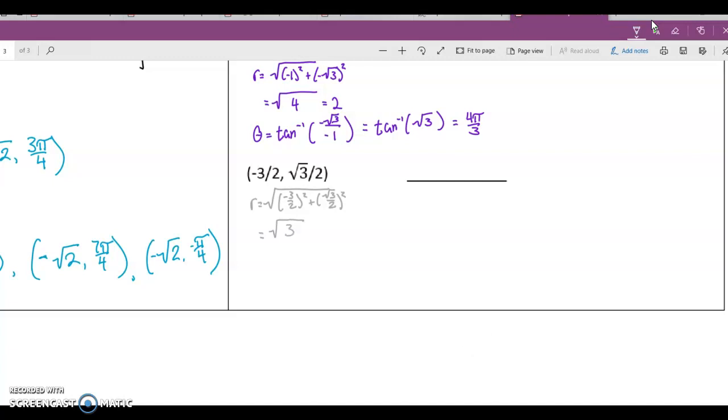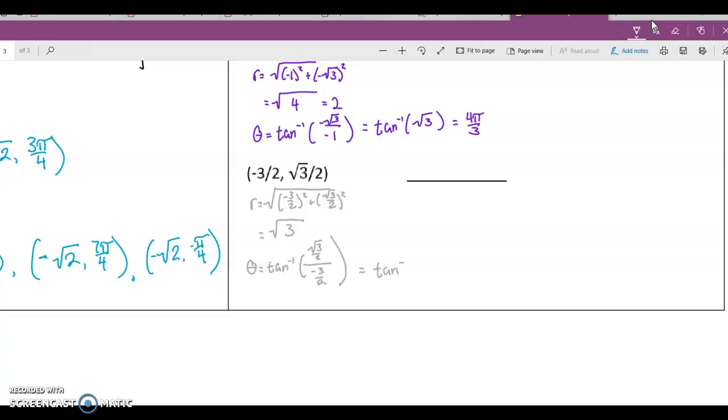Honestly, I would use your calculator for this. It's going to save you a little bit of a headache. So r is equal to square root of 3, and then theta is equal to the tan inverse of root 3 over 2 divided by negative 3 over 2.